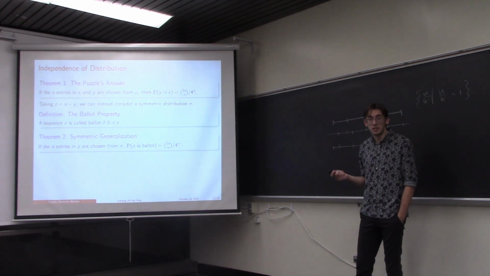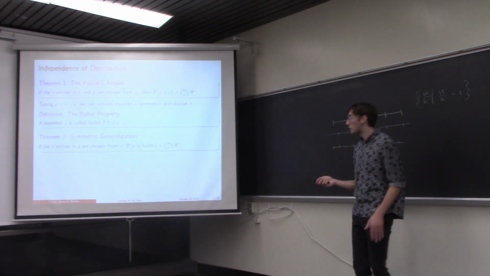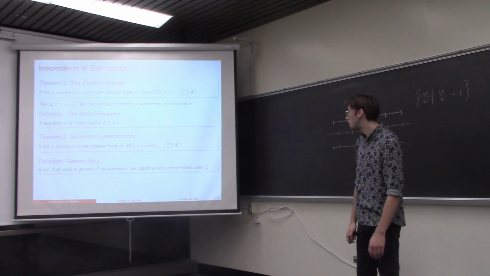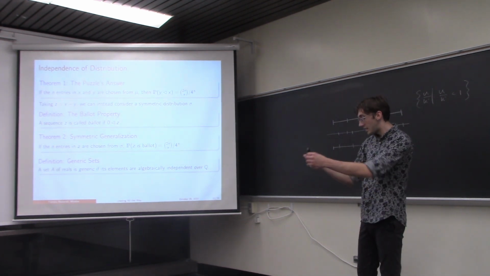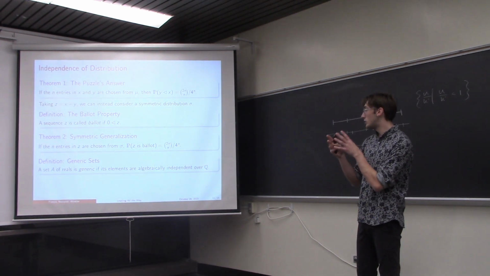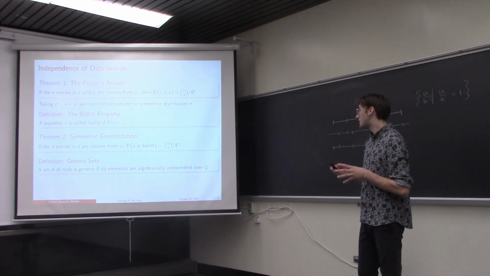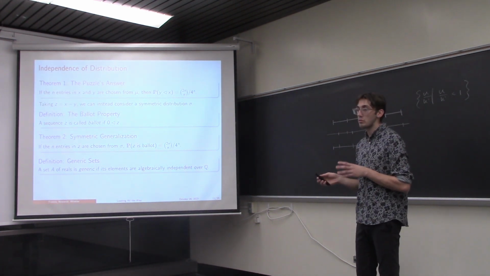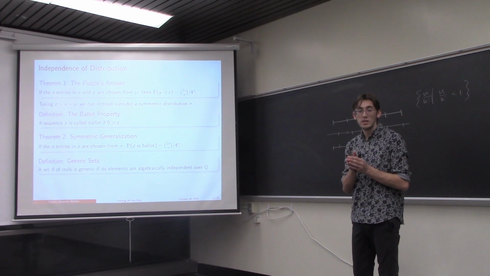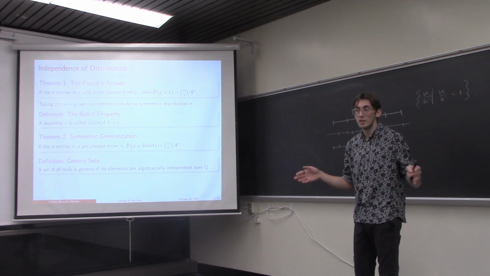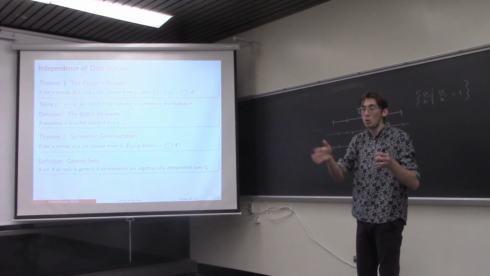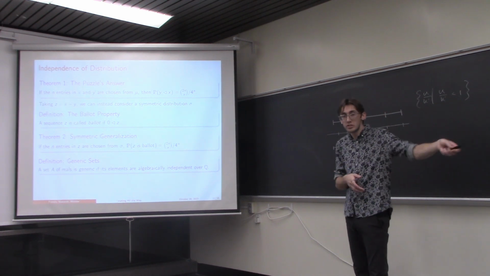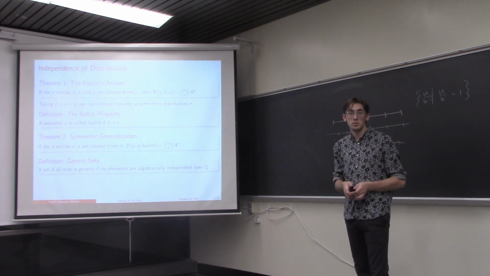So somewhere underlying is something that doesn't talk about distributions, and here's what it is. We're going to say a set of real numbers is generic if its elements are algebraically independent over Q. What this means is that if you have some linear combination of these elements where the coefficients are in Q and it's equal to 0, then all the coefficients have to be equal to 0.